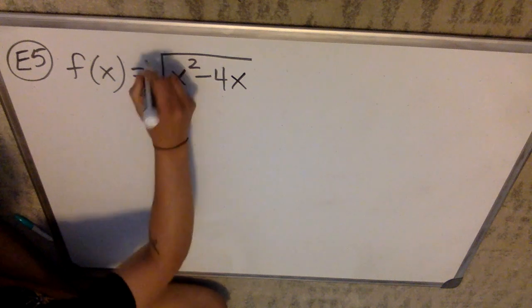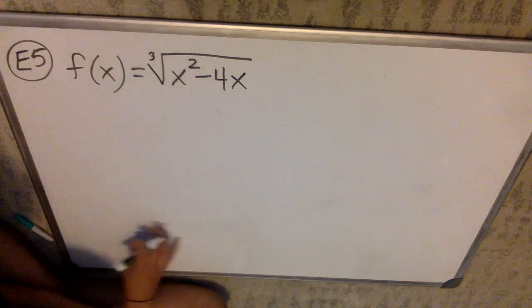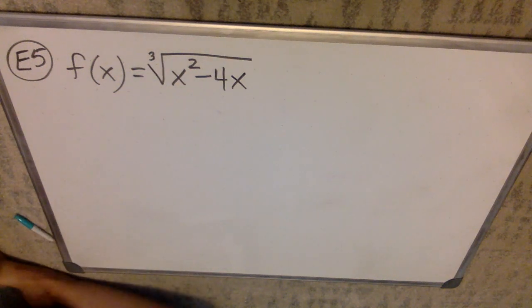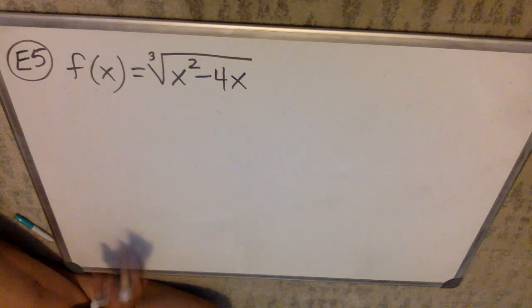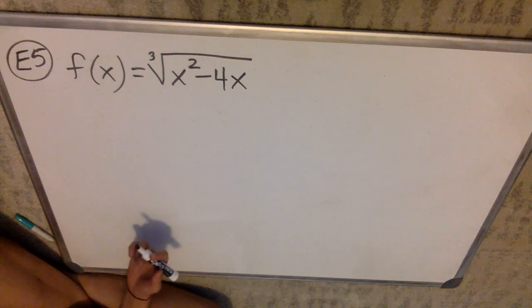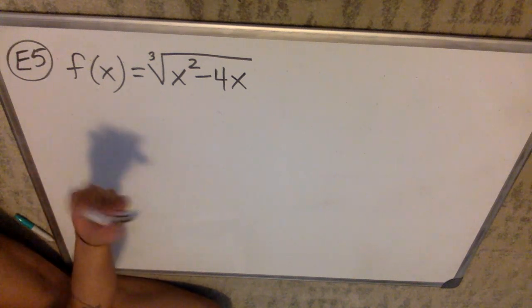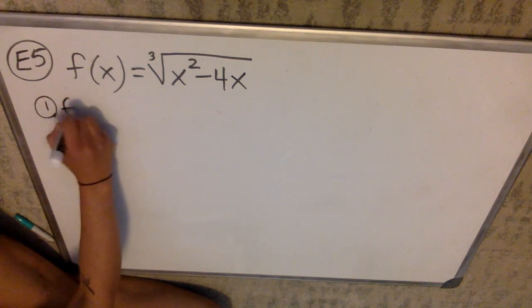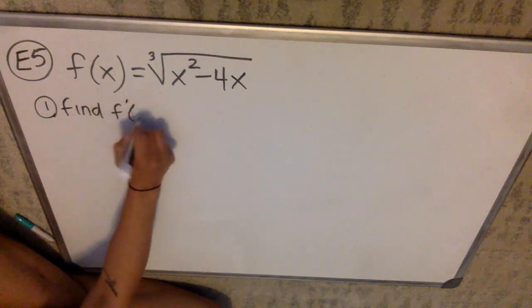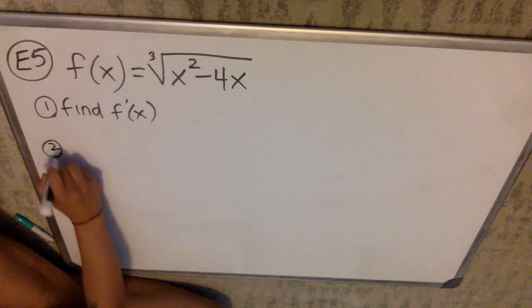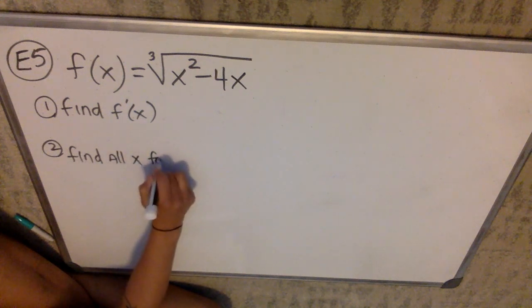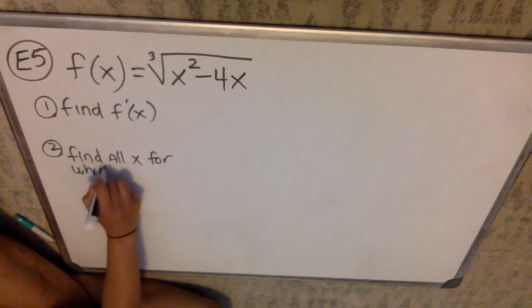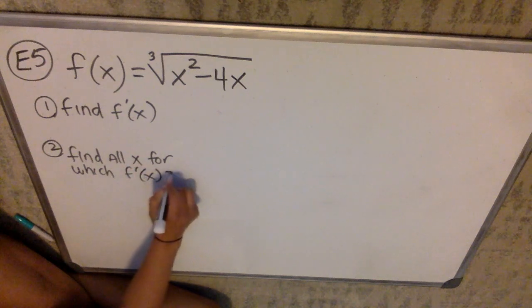Let's do it as a cube root. Okay. All right, so f of x equals the cube root of the quantity x squared minus 4x. Okay, so what we're going to do: 1, we're going to find f prime of x. 2, we are going to find all x for which f prime of x equals 0.